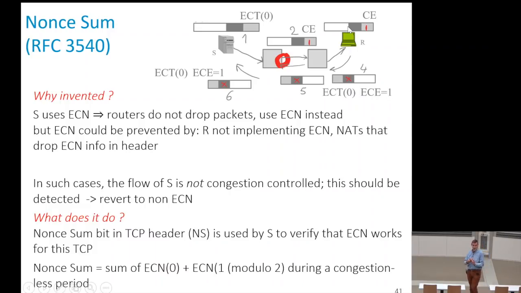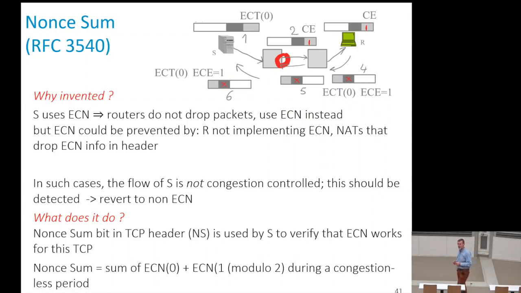It sees either non-congested packet, so it knows whether there's 0 or 1, or congested packet. There are typically periods of non-congestion with one or a few congestions, followed by periods of non-congestion. During every period of non-congestion, the receiver is required to send the sum of all the zeros and ones that it has received. And it puts them back in the nonce sum field of the TCP header.